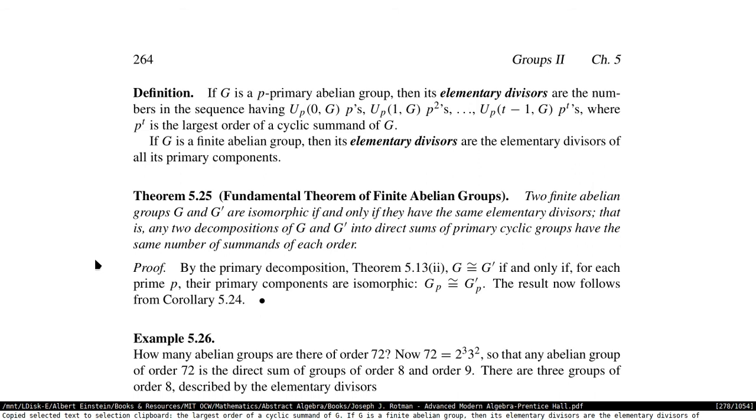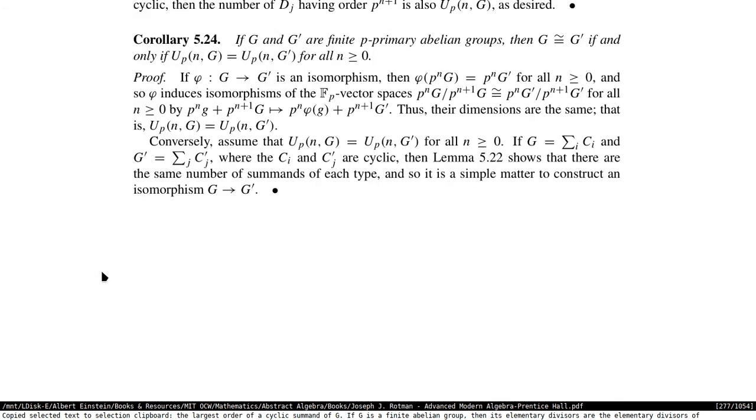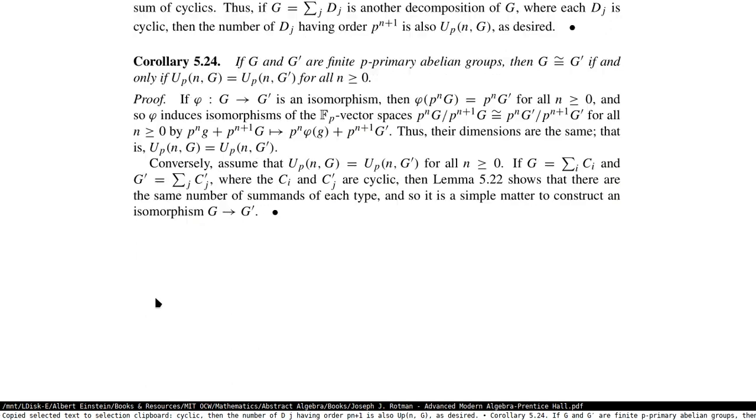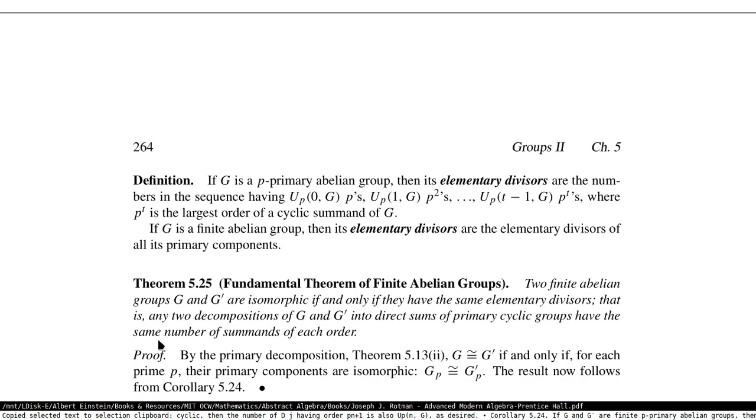So that means any two decompositions of these two finite abelian groups into cyclic groups have the same number of summands of each type. And this follows directly from the definition of elementary divisors and Theorem 5.24, which the corollary is, that was the big deal here. Yeah, we're done.